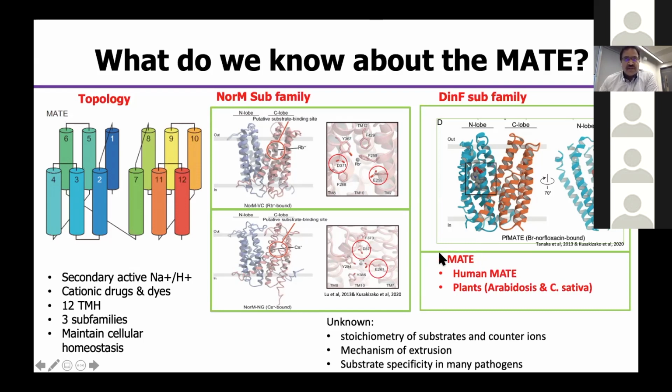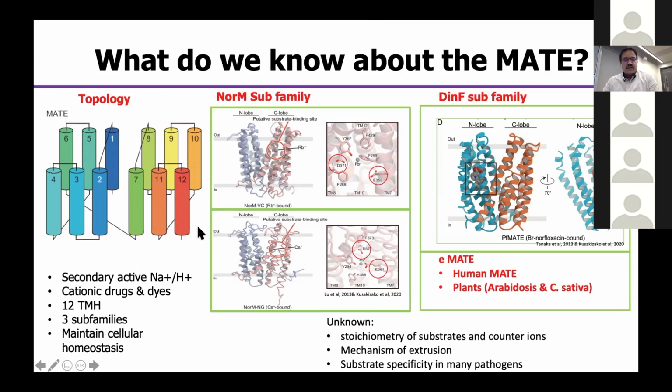As I mentioned, eukaryotic MATE transporters play a vital role in our cellular homeostasis. They transport all kinds of toxins from our kidney as well as liver cells. What we know is that they have a general topology of 12 transmembrane helices, where the first half is similar to the second half.